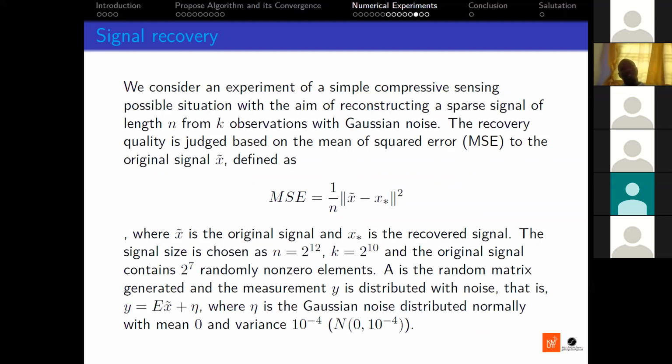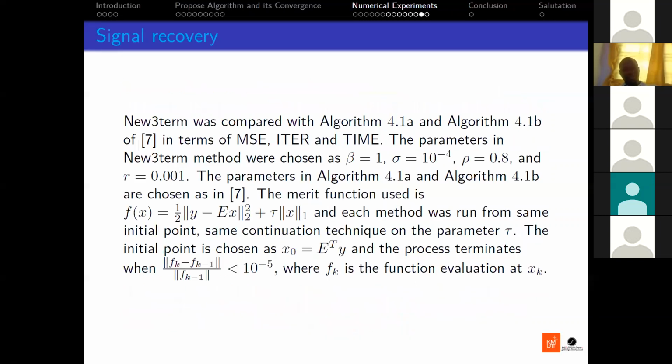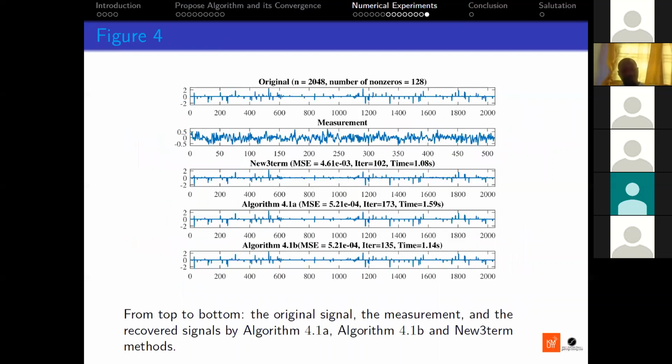Okay, can you go to the next two pages? Okay, this one, where you have your results. Okay, the next one. So from here you have the original one, which is not noisy, and then you add the noise and some errors with the matrix E you generated.